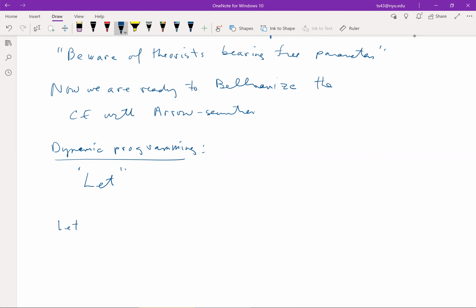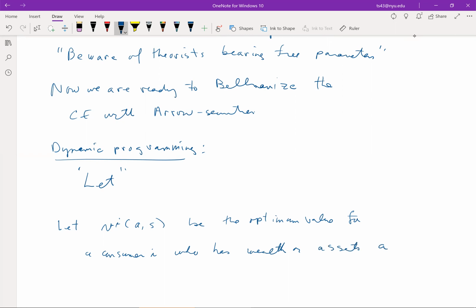Let V_i(A, S) be the optimum value for a consumer i who has wealth or assets A and Markov state S.